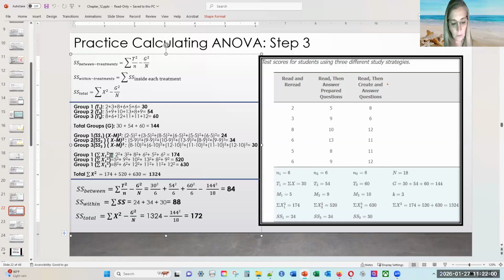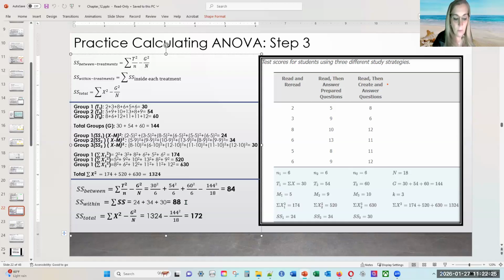All right. So the next part, for the within treatments, you can see we're taking the deviation scores, right? 2 minus 5, where 5 is the mean for each of those groups. And then we're squaring. So we found that for each group it is 24, 34, and 30, right?